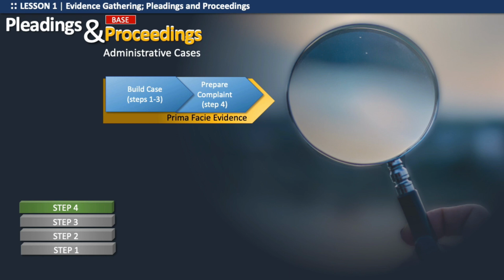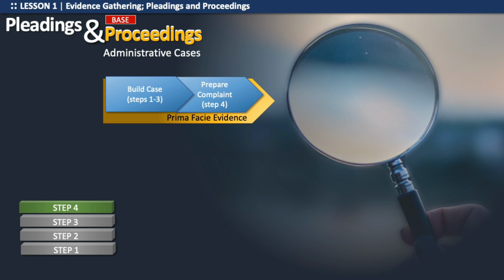So anyway, when you're at that point, you're now ready to proceed with the preparation of the instrument, starting with the complaint. And in administrative cases, the forms may look a little different depending on the quasi-judicial body that you're submitting to, and the particular subject matter, right? Whether it's a violation of green, brown, or blue laws.